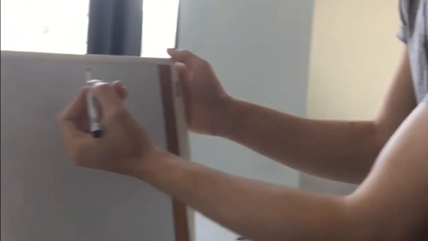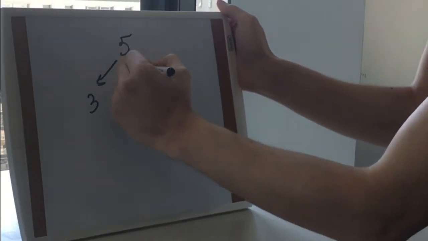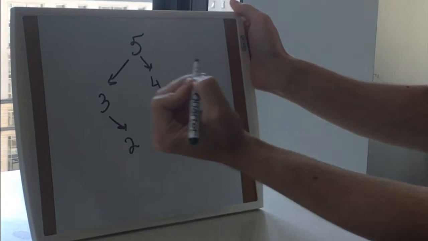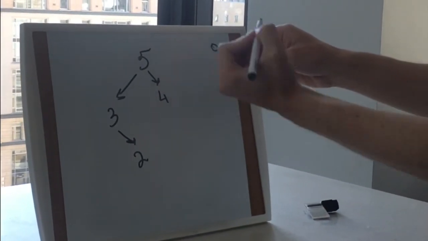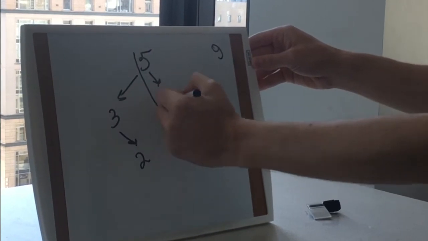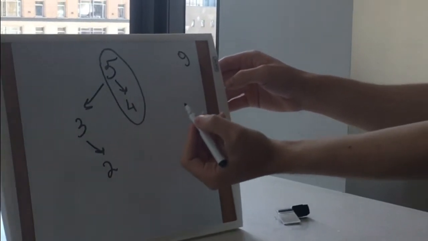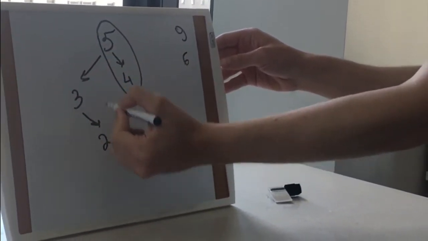Yeah, sure. So, let's say you have the following tree. 5, then it has a left node 3, and this guy is 4. This guy is having, let's say, 2. And your goal is to find a number, let's say, 9, then you're gonna go this way. If your goal is to find, let's say, 6, there is no way to the leaf.